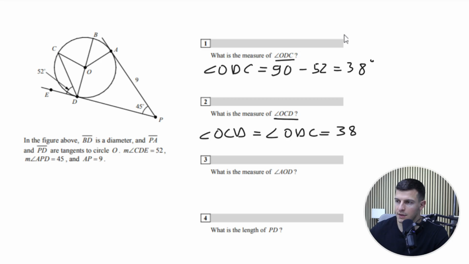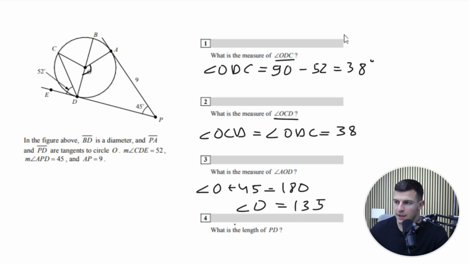Let me erase this. So this one and 45 should add up to 180 degrees. So angle O plus 45 should add up to 180 degrees. That means angle O is going to be 135.